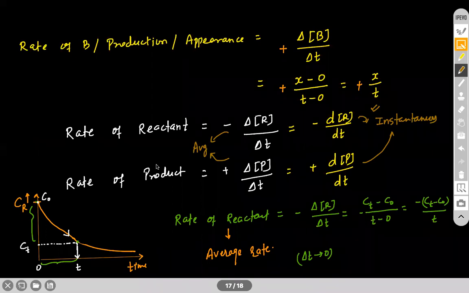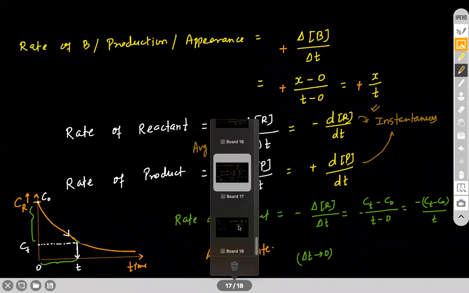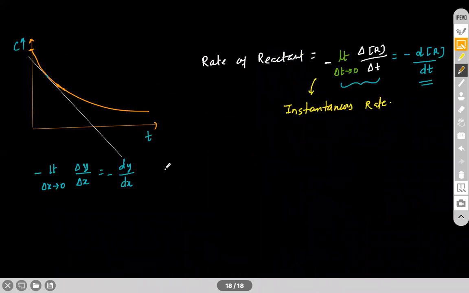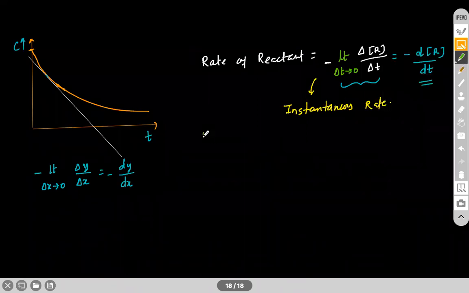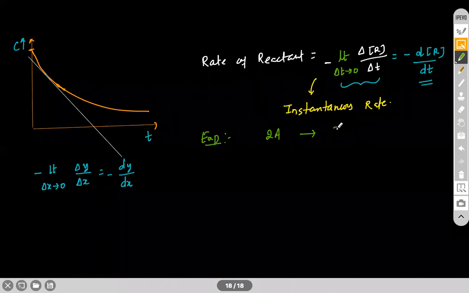Okay, so when you look at this expression, I'll just take one more example to make you understand this. Here, the first one I have taken is simply A gives B. Okay, now for this example, could you tell me what is the rate of reactant? For this example, suppose the next example I am taking here, 2A gives 3B.